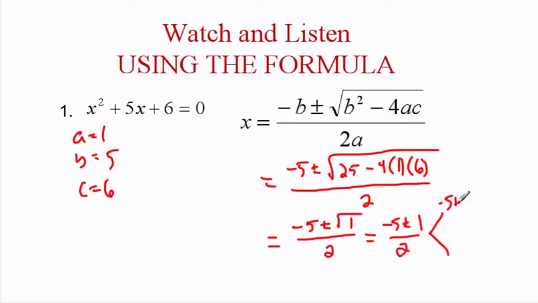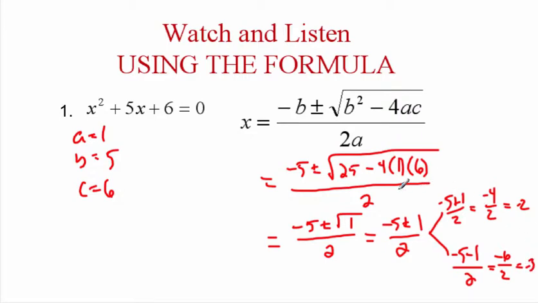I get negative 5 plus 1 over 2, and I get negative 5 minus 1 over 2. So I just keep going from here. Negative 5 plus 1 is negative 4. Negative 5 minus 1 is negative 6. And so my answers are negative 2 and negative 3.